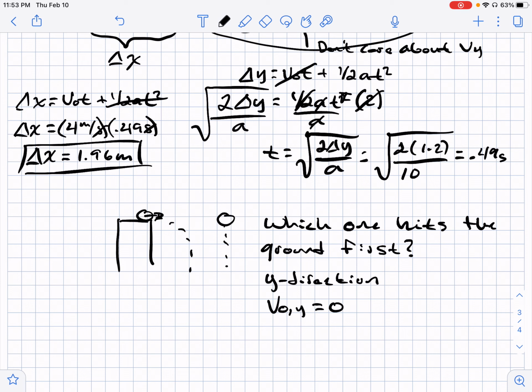In both cases, your acceleration is just equal to g. And in both cases, your delta y, in other words, how far it's falling, is the same. So knowing this, that means that they're going to hit the ground at the same time.